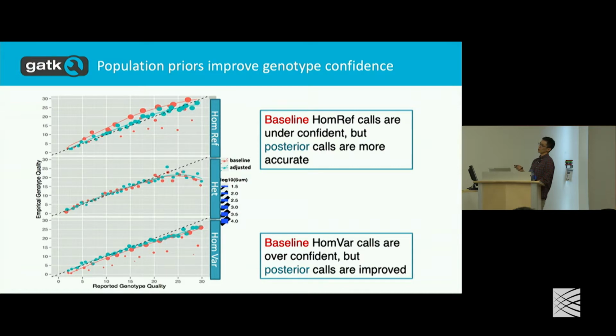So the reported qualities were supposed to be higher, but they weren't. After applying this step, most of the balls shift to the right and go along with the diagonal. A similar story, but in the other direction, for homozygous variants.